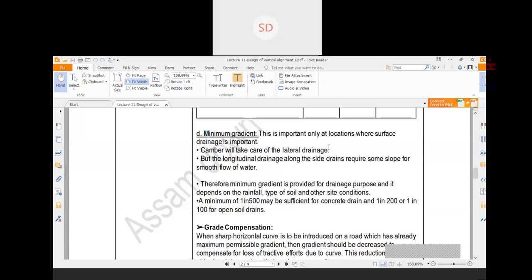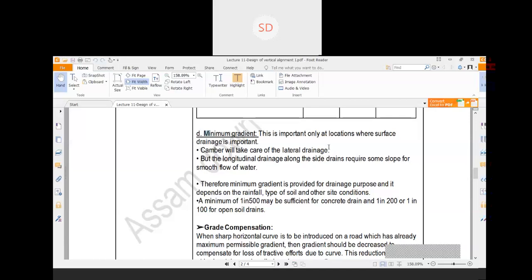Consider this situation as any highway within your area. In the highway, there are drains adjacent to the road. With the help of the camber, all the water from the topmost portion of the pavement will be drained off and accumulated in the side drains.